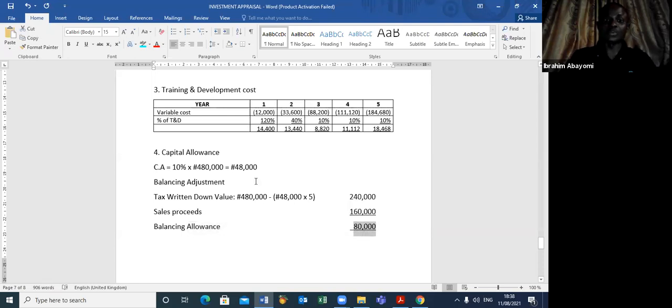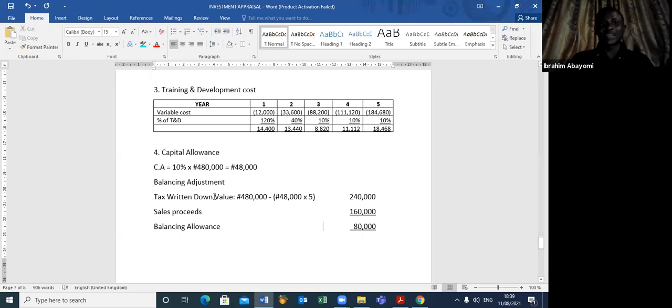The capital allowance for year 5 is going to be the addition of the capital allowance of 48 million and the balancing allowance of 80 million. That will be the total capital allowance for year 5. So 48 plus 80 is going to give us 128.